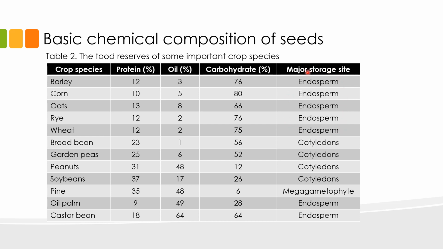Plants that are considered oilseed crops will have higher proportions of oils or lipids, and we have here some good examples in peanuts, pine, palm, and castor bean. As you can see, these seeds contain higher proportions of oil than carbohydrates. The oil content in the seeds of these species ranges from 48 to 64% and can be found either in the cotyledon or in the endosperm.